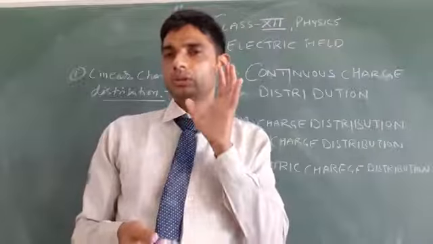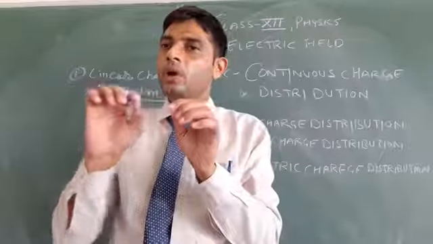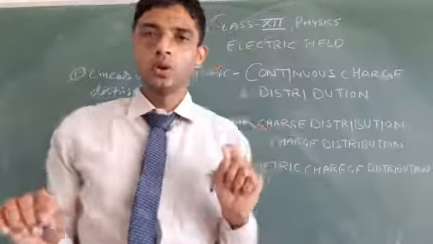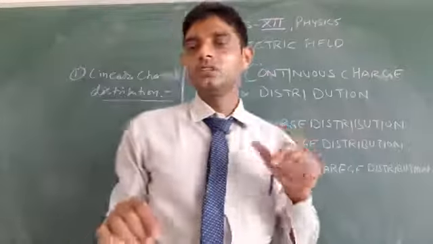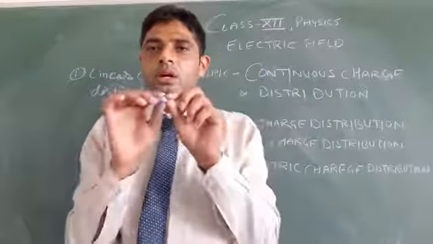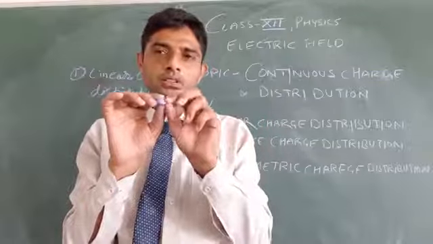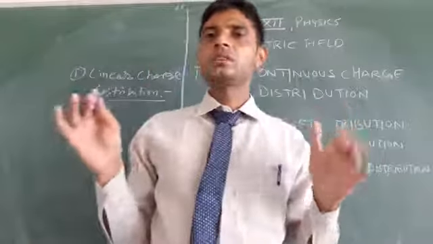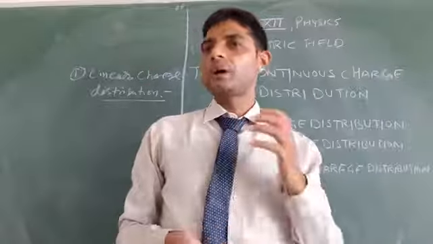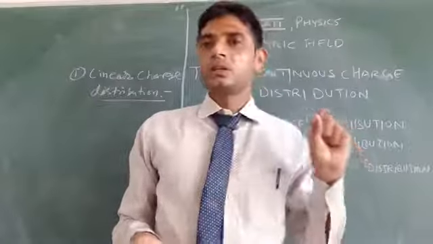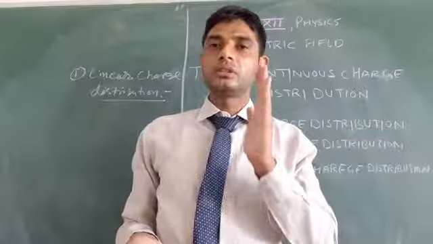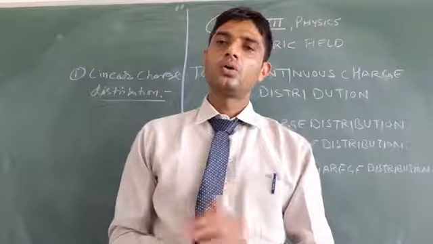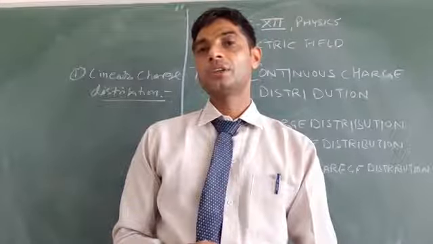If a body has length, like a thin wire, and the length of the wire is larger than its diameter, you can assume it is a one-dimensional body. So when the charge is transferred to a wire, this type of distribution is known as linear charge distribution.